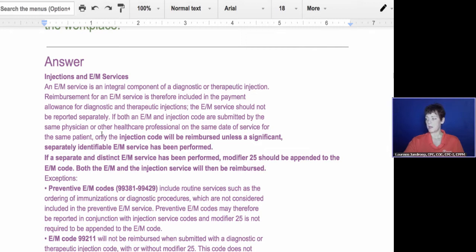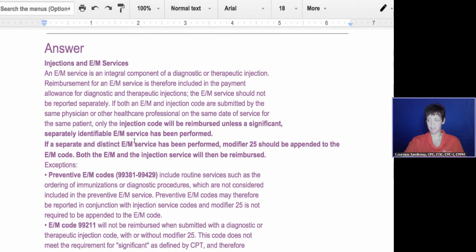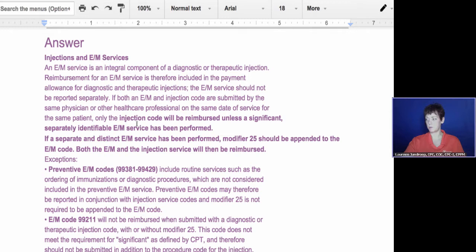And it goes on, but here in bold, the injection code will be reimbursed unless a significant and separately identifiable E&M service has been performed. If that's the case, then modifier 25 should be appended to the E&M code, and both the E&M code and injection service will be reimbursed.